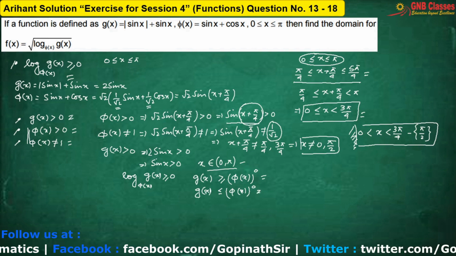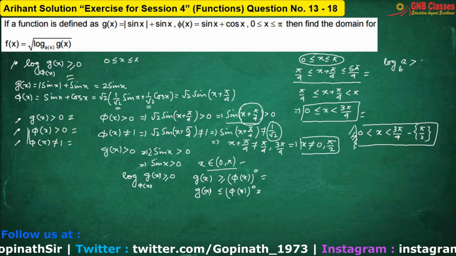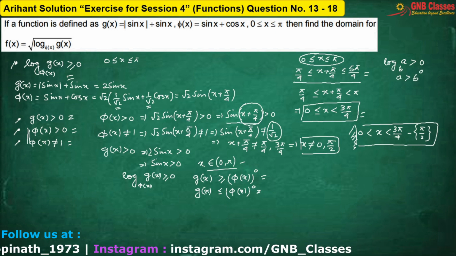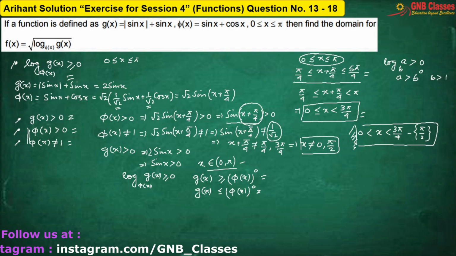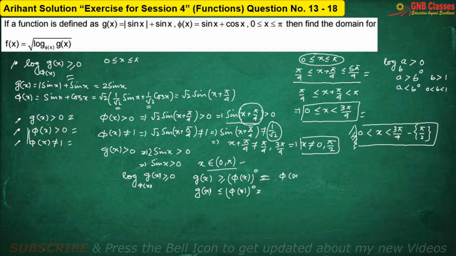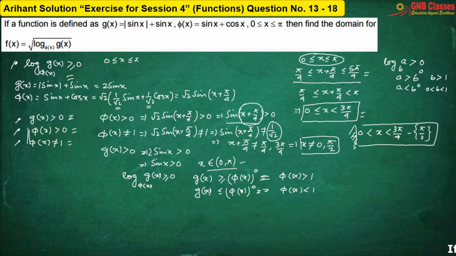Very clearly we know that if log of a by b is greater than 0, then a will be greater than b to the power 0 when b is more than 1, and a will be less than b to the power 0 when b is lying between 0 and 1. Now the question comes, this condition is satisfied when phi(x) is more than 1, and this condition is satisfied when phi(x) is less than 1.